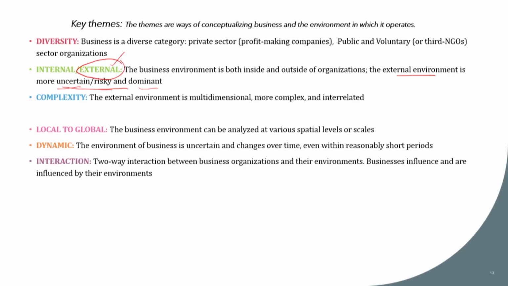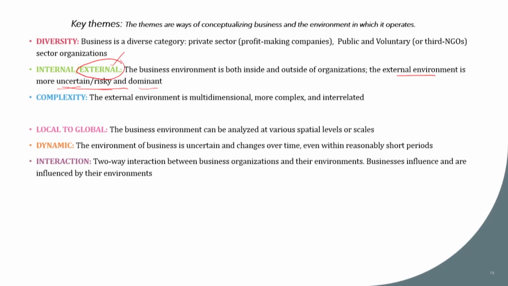Then there is two-way interaction between business organizations and their environments. So clearly the main point here is that businesses influence the environment, and the environment also influences the businesses. So that means there's a two-way interaction.